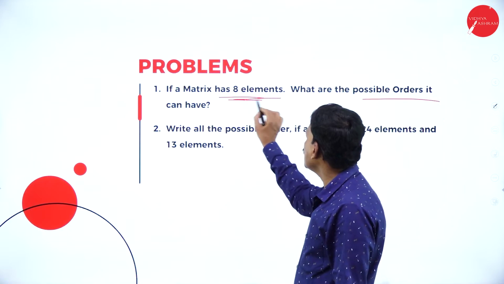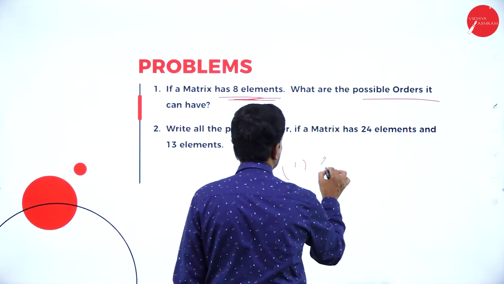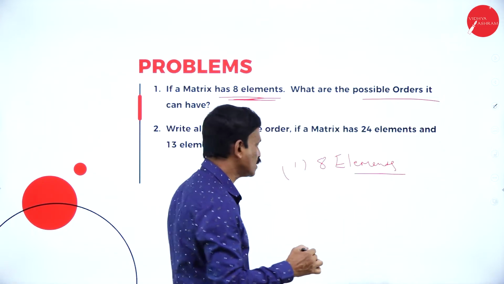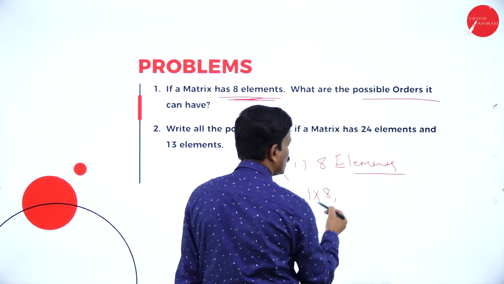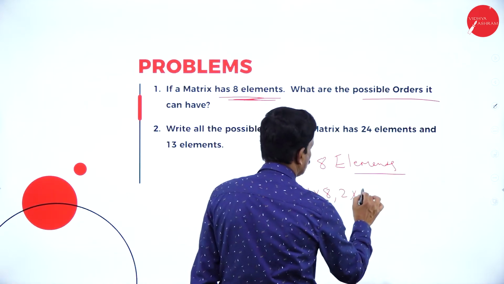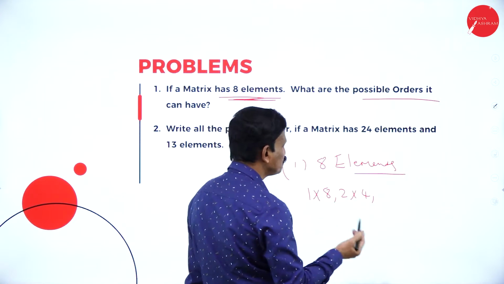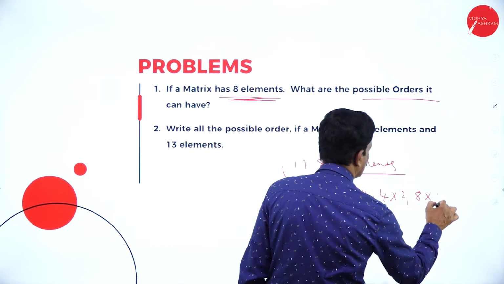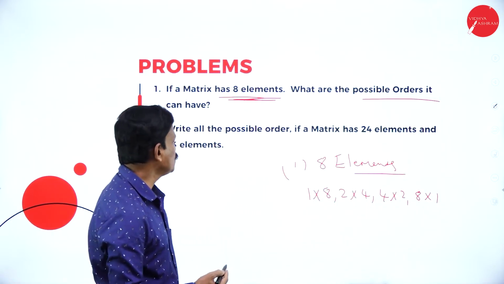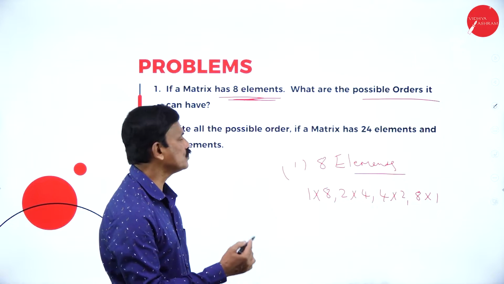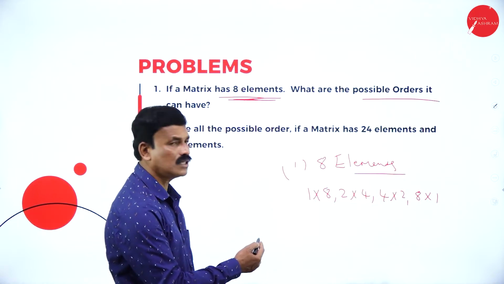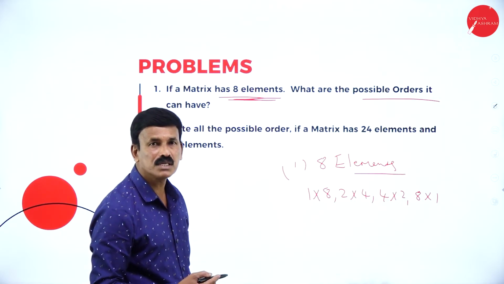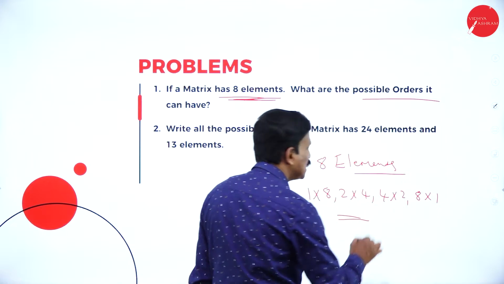So, if a matrix has 8 elements, then the possible orders are 1 into 8, 2 into 4, 4 into 2, and 8 into 1. That is 1 row 8 columns, 2 rows 4 columns, 4 rows 2 columns, and 8 rows 1 column. These are all the possible orders for a matrix having 8 elements.